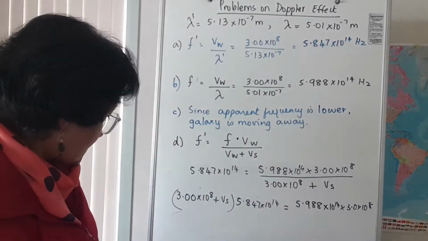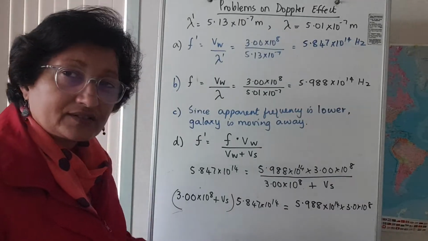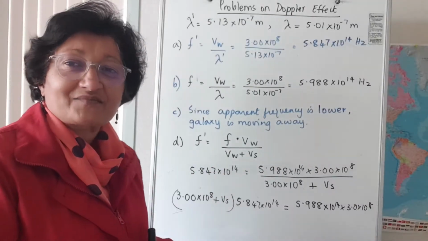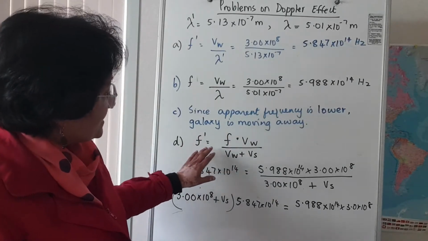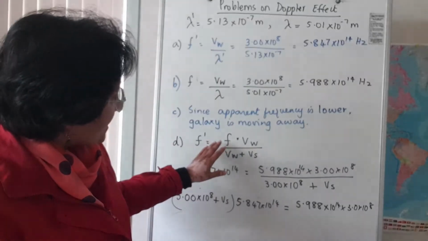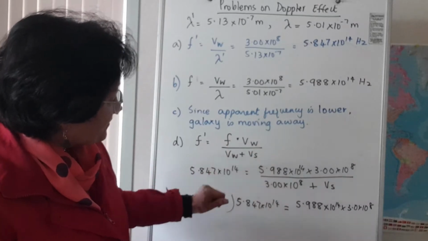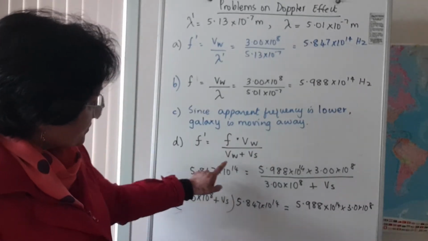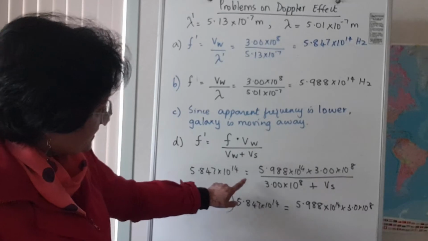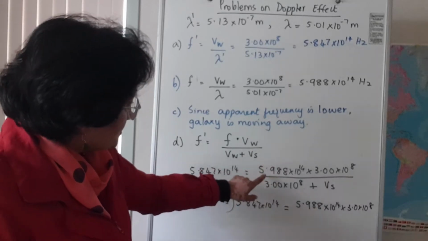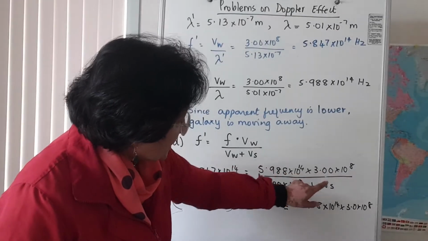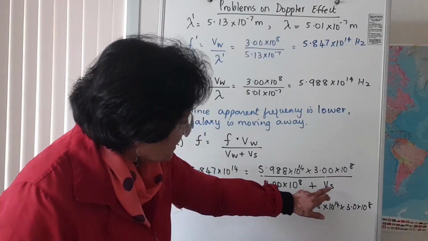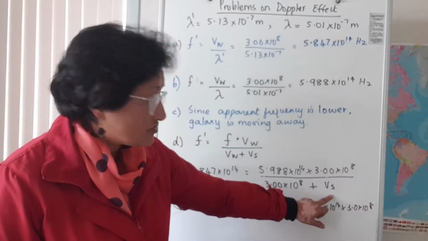Okay, so I've just started doing it, haven't quite finished, just to save some time, me working out and putting numbers into the calculator. So the formula that you use is f' equals f times vw divided by vw plus vs. So that's your apparent frequency equals the actual frequency, which is a higher one, times speed of light divided by speed of light plus speed of the galaxy, which we don't know.